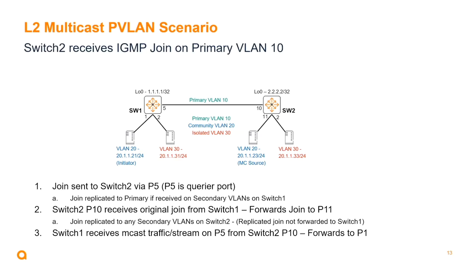Switch 2 port 10 is going to receive that original join from switch 1, and it's going to forward it to port 11. And of course, typical behavior is it's going to replicate that join to any secondary VLANs on switch 2, but that replicated join isn't going to be forwarded back to switch 1. And then finally, switch 1 is going to receive the multicast traffic stream on port 5 from switch 2. And of course, switch 1 will forward it off to port 1 that needs to receive that stream.